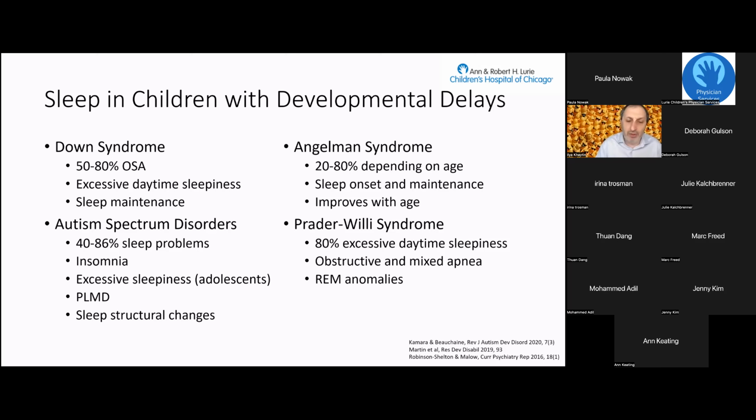REM behavioral disorder, where a child is not completely paralyzed during REM sleep, rapid eye movement sleep, is more prevalent.